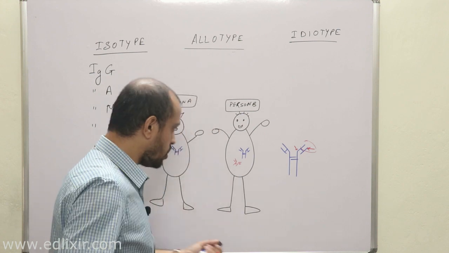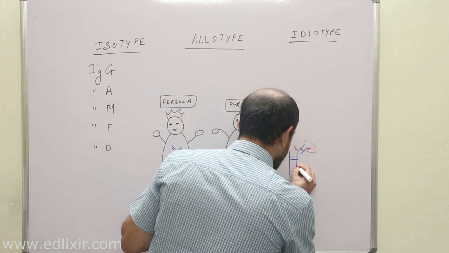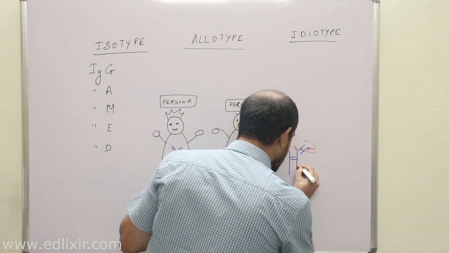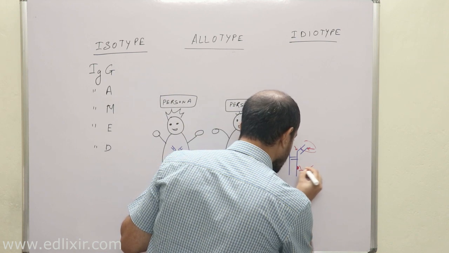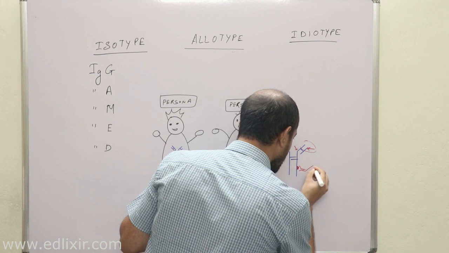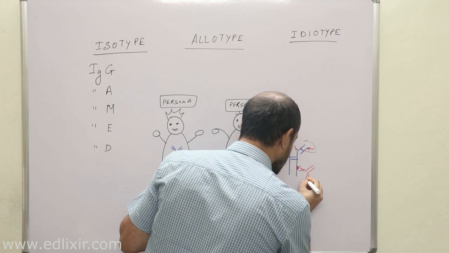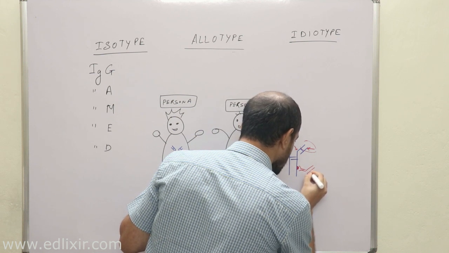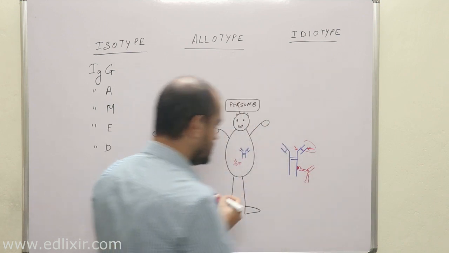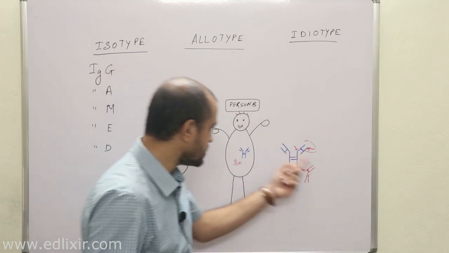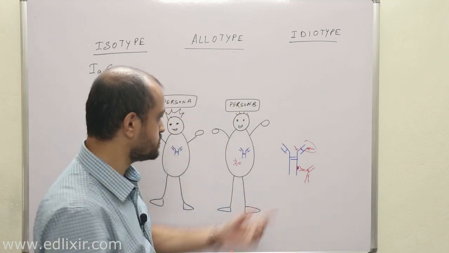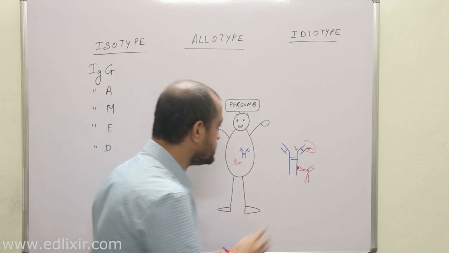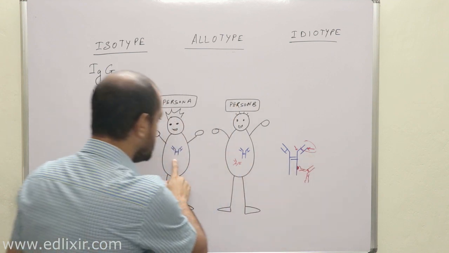That means these antibodies will now detect a specialized area in the heavy chain of this antibody which was introduced.